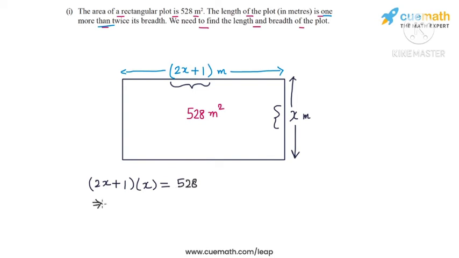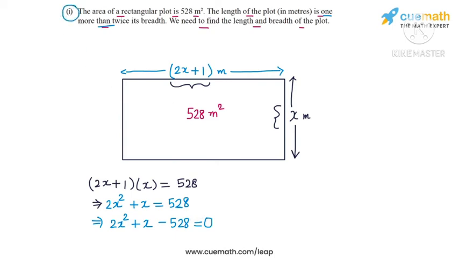And let's write it now in the standard form. So we have 2x square plus x equal to 528, or 2x square plus x minus 528 equal to 0. So this equation represents or models the situation in part 1.